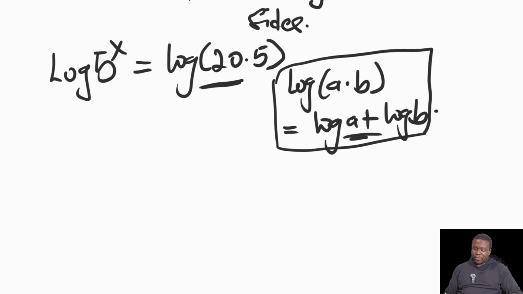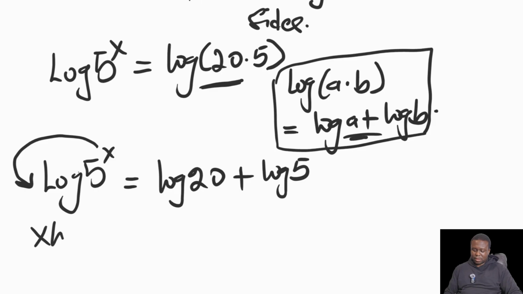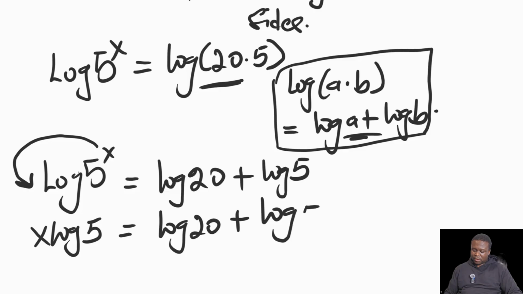Now we have that log 5 raised to the power x is equal to log 20 plus log 5. Now, this x can come over here to become x log 5 equals log 20 plus log 5.